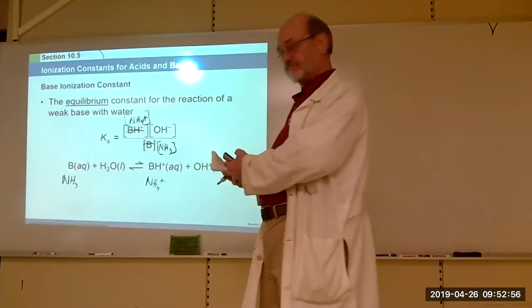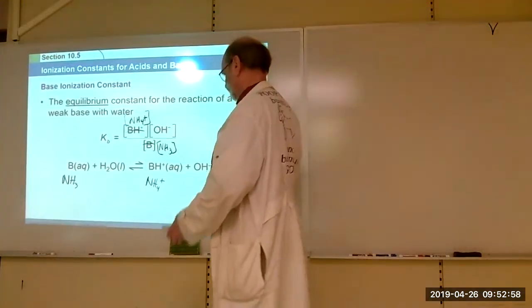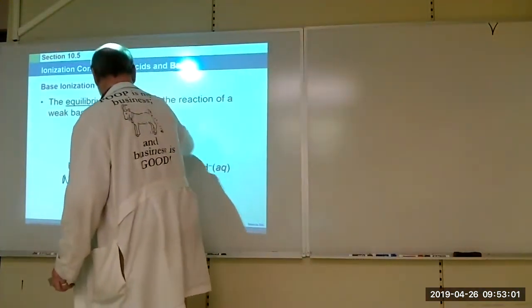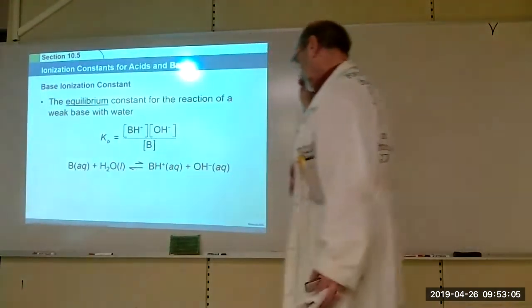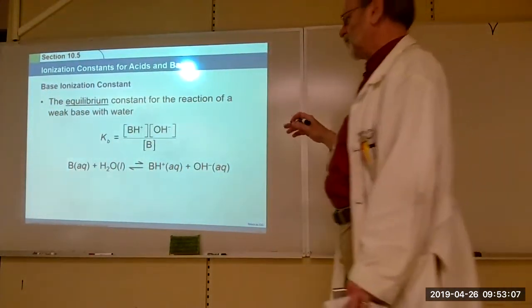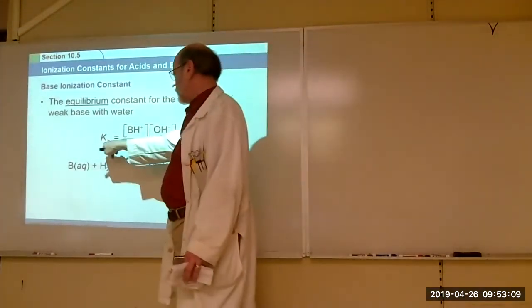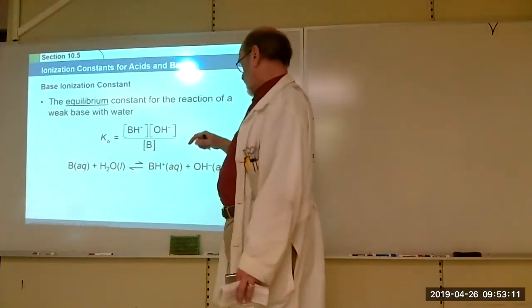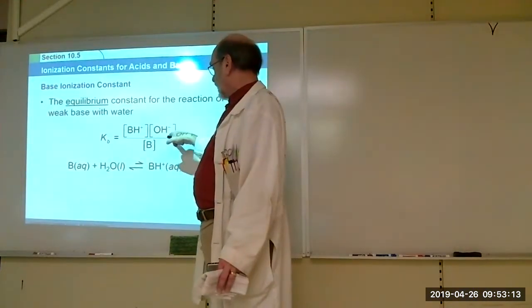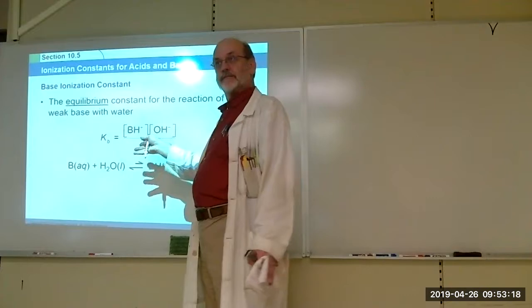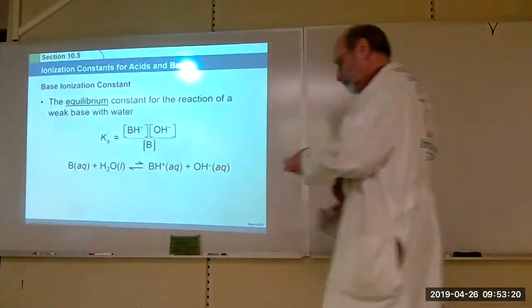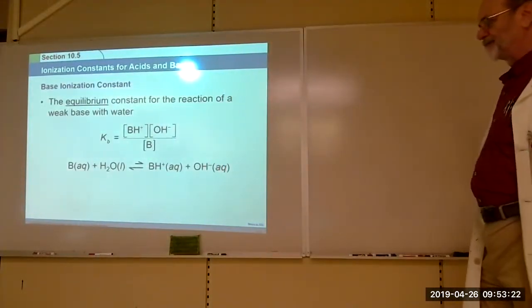Okay? But when you do that, characteristic of the Kb value is that in the numerator, you will have hydroxyl instead of hydronium. That's a giveaway.